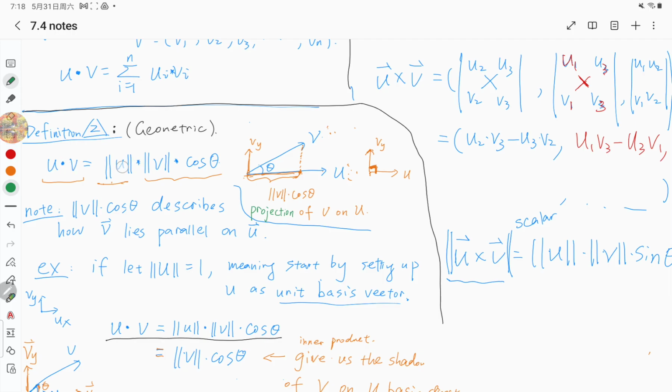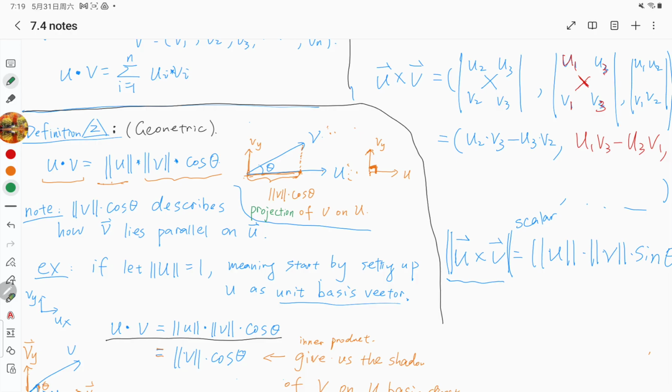It is length of u times length of v times cosine theta, and the length of v times the cosine theta is just the projection, right? Or if we take a v, how long is its shadow, right? And its shadow has a mathematical term.